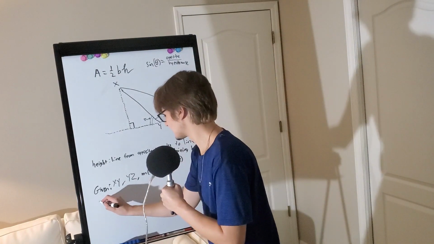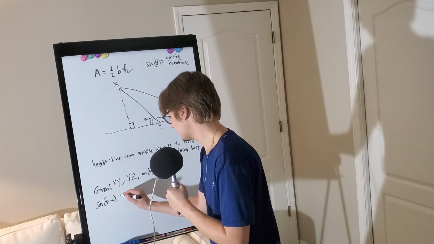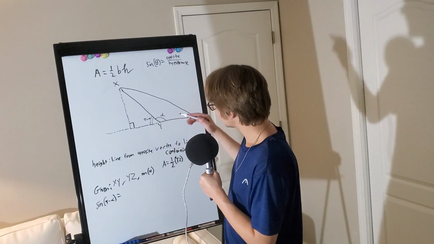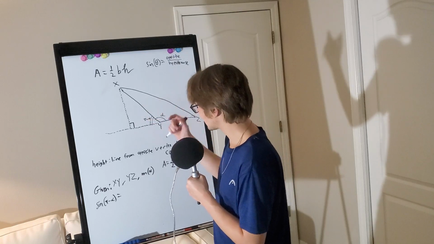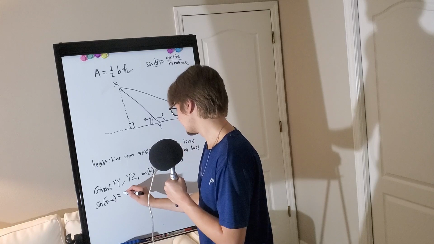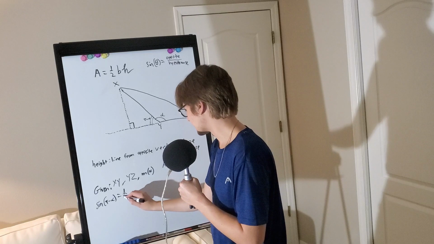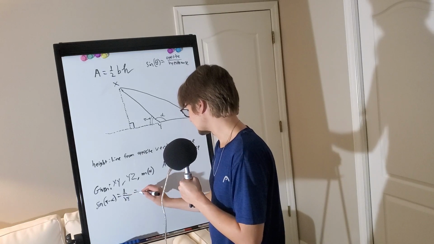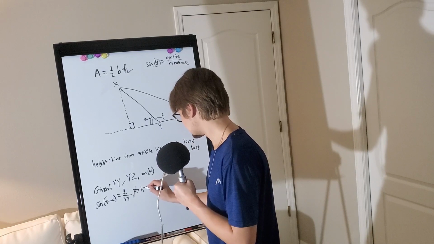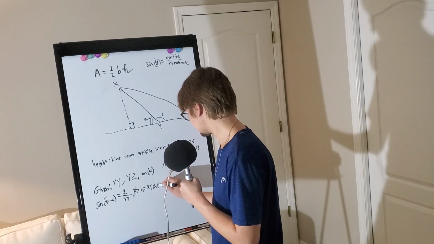Well, we know that sine of pi minus alpha is the length of the opposite side, which in this case is the height we want, the altitude we drew, divided by the length of the hypotenuse, which in this case is our XY, which means that h equals XY sine of pi minus alpha.